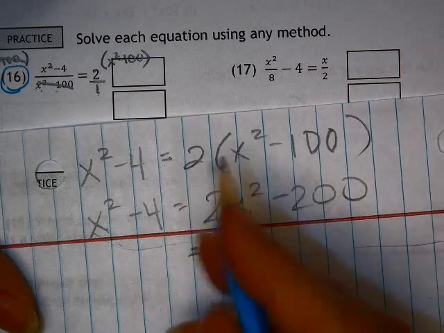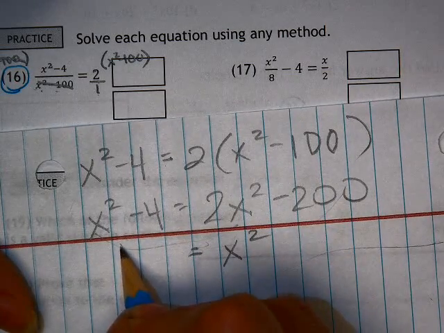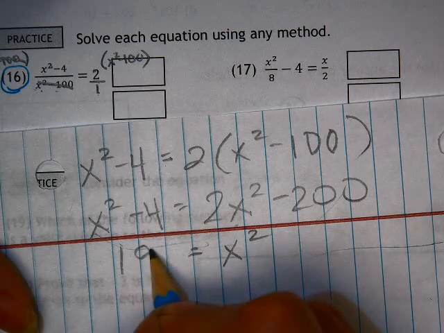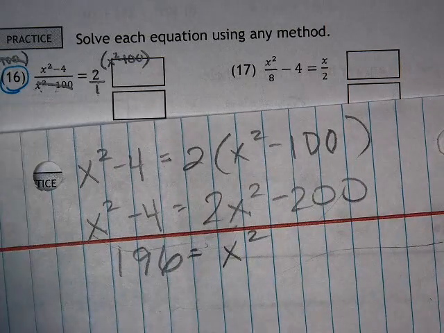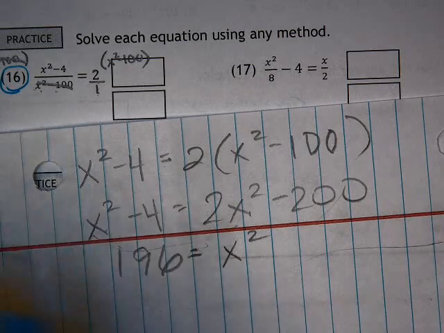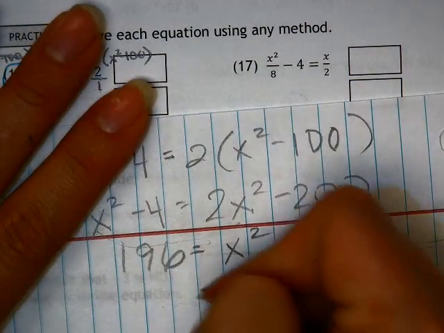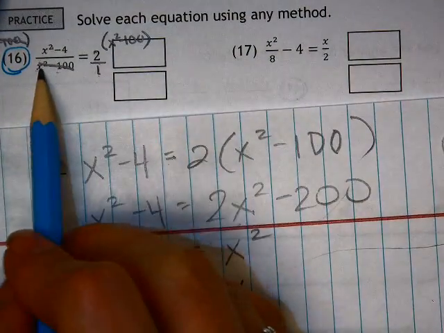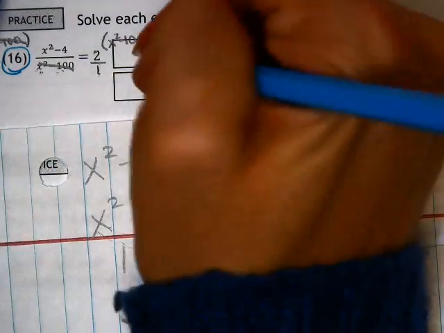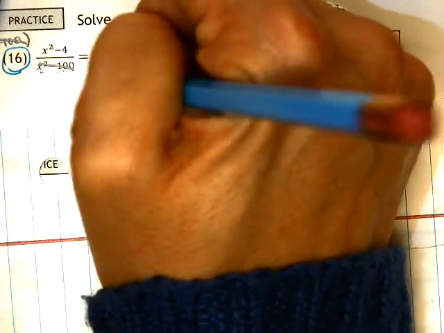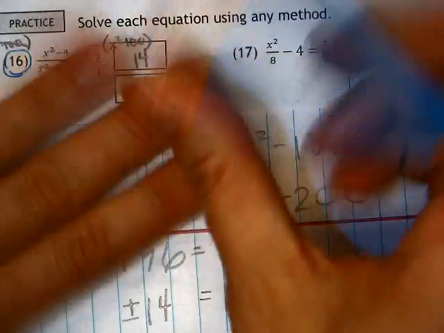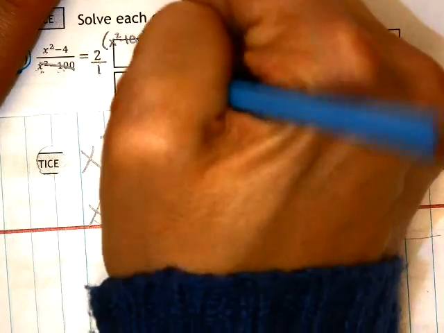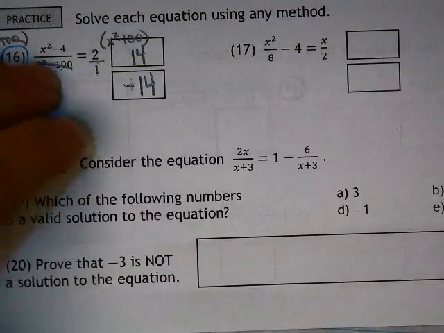And I'm going to move this guy over there, which now becomes 196, which I really think is square rootable, isn't it? Yeah, it's 14. So x is equal to plus or minus 14. And putting a 14 in here won't make a 0 on the denominator, so all is well in our world. We have a positive 14 and a negative 14.